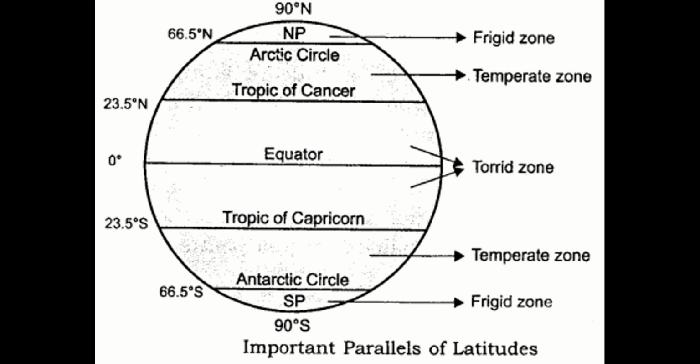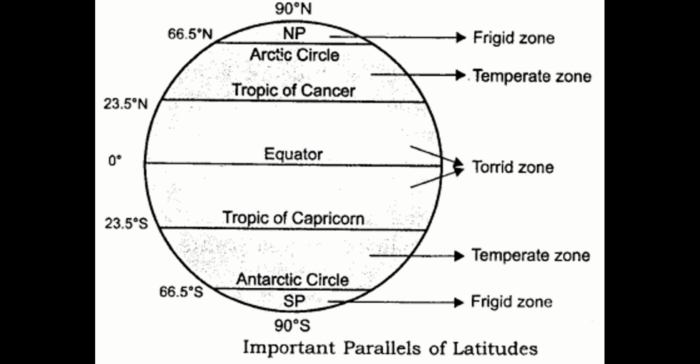That means between 0 degree to 90 degree north, we have altogether 90 lines drawn. And these are 90 latitudes. From 0 degree, that is the equator, as you come towards the bottom, that is 90 degree south, also we have 90 latitudes drawn. So 90 plus 90, we have 180 latitudes altogether.